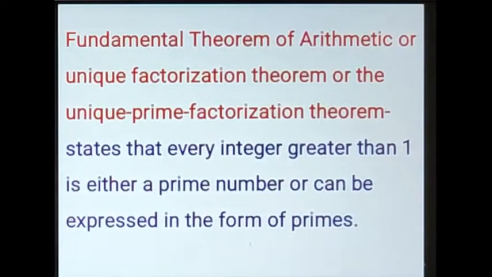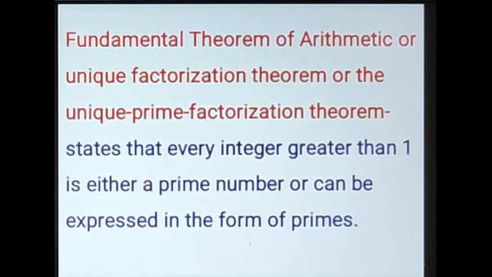So the fundamental theorem is nothing but this: a number can be a prime number, or if it is not a prime number, say 4 is not a prime number, we can express that number in the form of primes. Say for example 35 is not a prime number, but we can convert it: 7 into 5 is 35. 7 is a prime number, 5 is a prime number, isn't it?